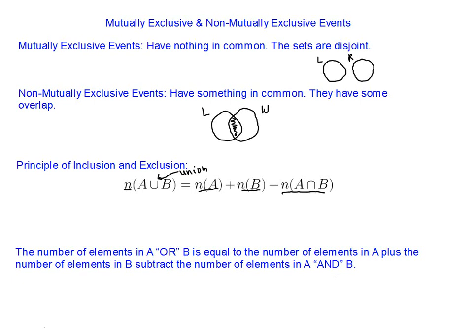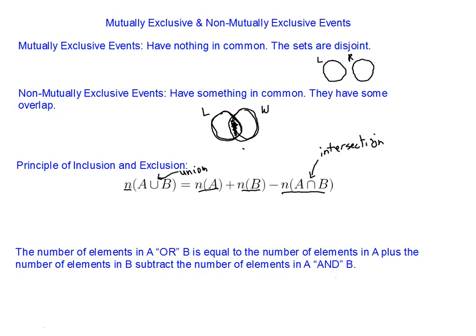So in the example we looked at up here, I can't just take the number of elements here and add it to the number of elements in W, because then I would be adding the elements in the middle twice. So that's why we have to subtract the elements in A and B. This symbol here just means the intersection. It means and.